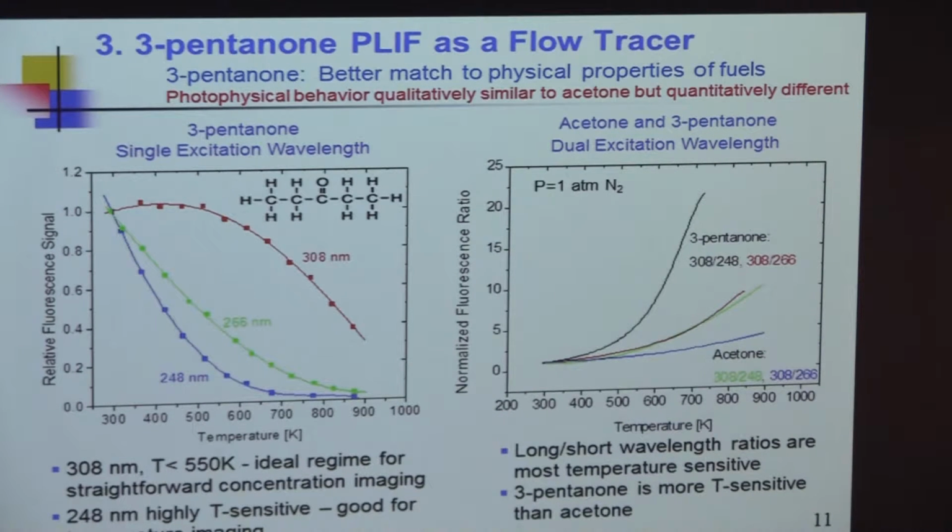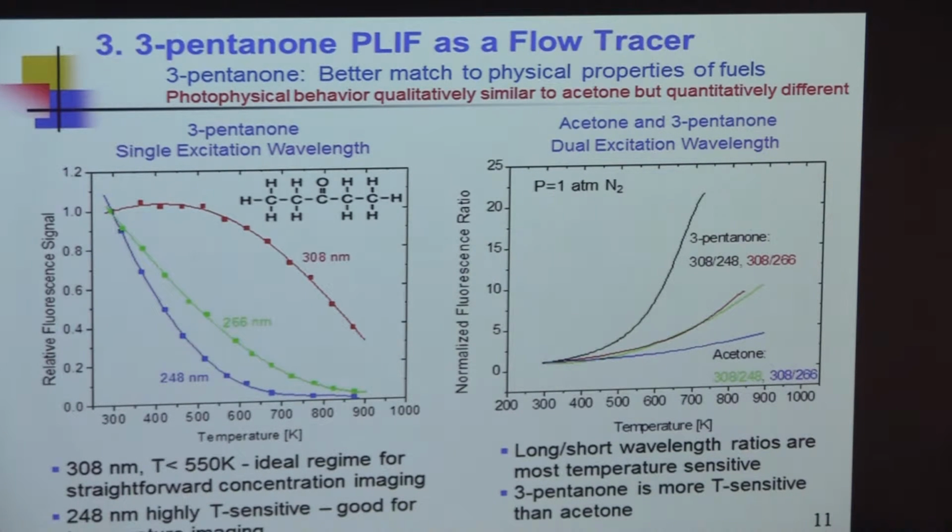So if I took the ratio of 308 to 266, that's this red line, I'd find that the relative signal per molecule changes from about 1 to 9 over 400 or 500 degrees. So what if I take the ratio of 308 to 248? Look at this. This is amazing. The very, very strong temperature dependence. That's what you're looking for. Something that gives you good signals, and the relative signal is extremely temperature sensitive.